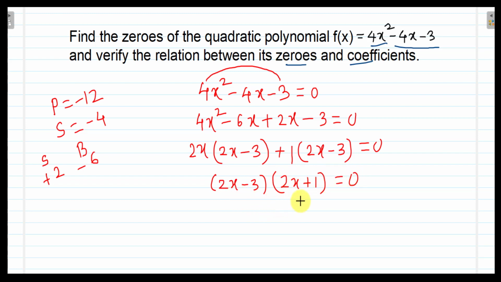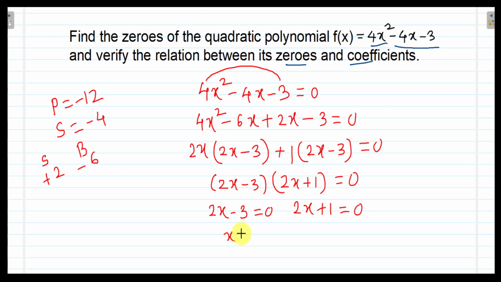The product is 0. It means that either this bracket should be 0 or that bracket should be 0, then only the product will be 0. So 2x minus 3 is equal to 0, or 2x plus 1 is equal to 0.